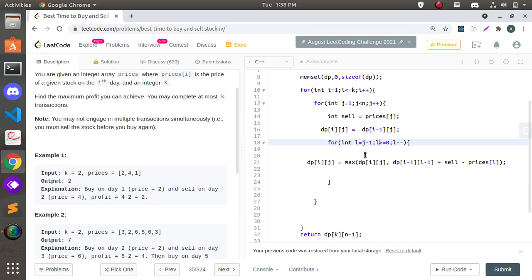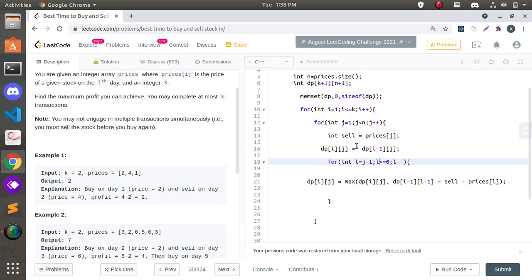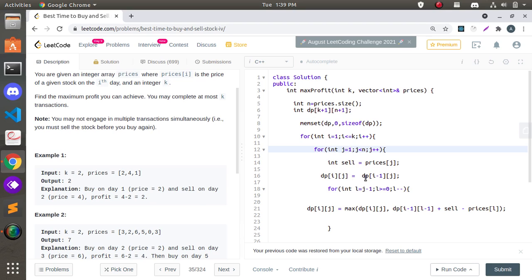One thing here: j is 1 and j is less than n, that is right. And if l equals 0, then it will go to the negative index, so we have to take care of that.